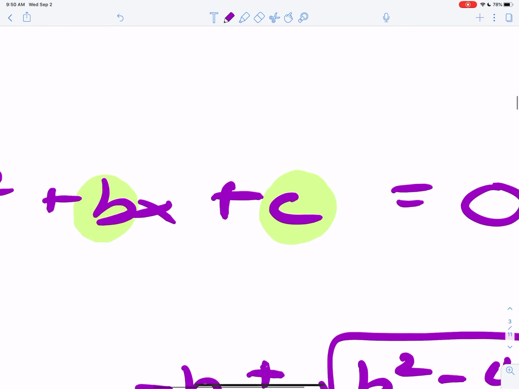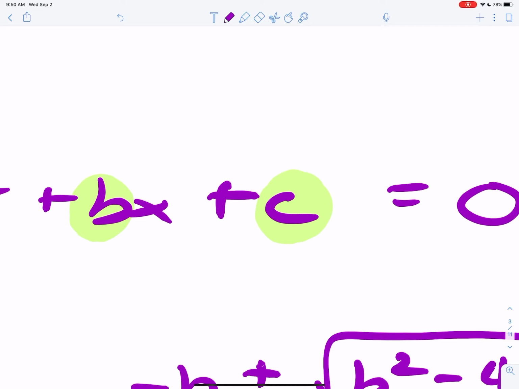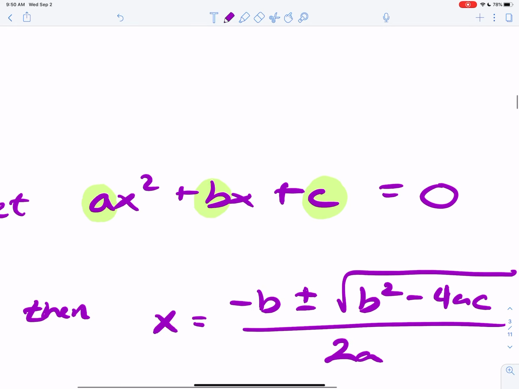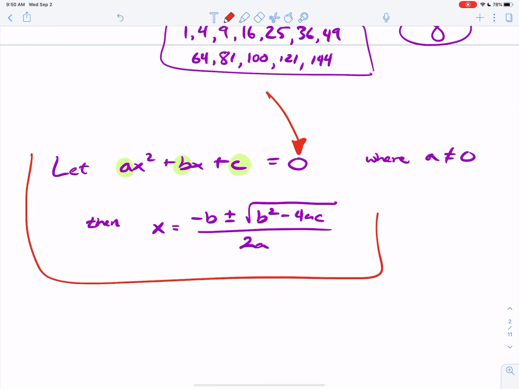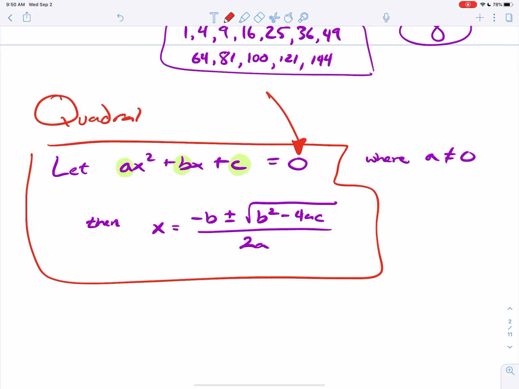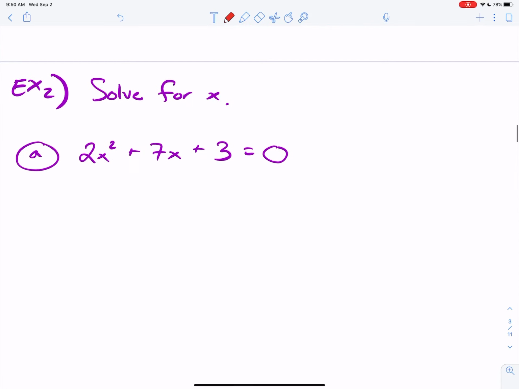And whatever doesn't have an x next to it, we call that the constant, will be your C, all right? And this is all assuming that your quadratic equation is equal to 0. Keep that in mind, all right? You guys have the quadratic formula here, and again, you want to refer back to it as much as you need to until you remember it, all right? So let's try it out.